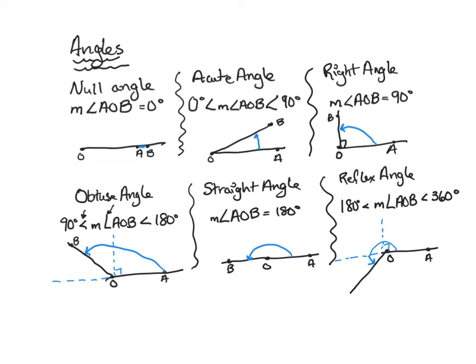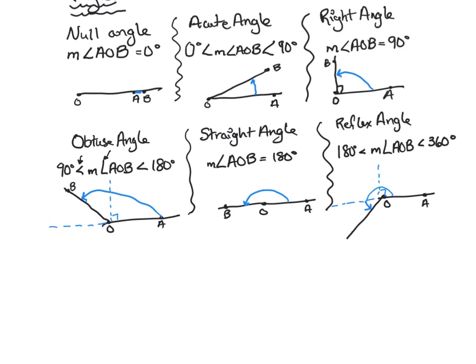And the reason for that is that 360 degrees has its own name, and that is a full rotation. In a full rotation, then, the measure of angle AOB is exactly 360 degrees.